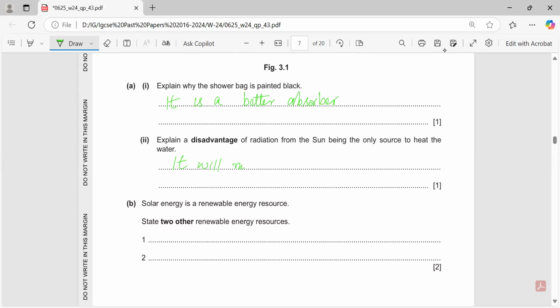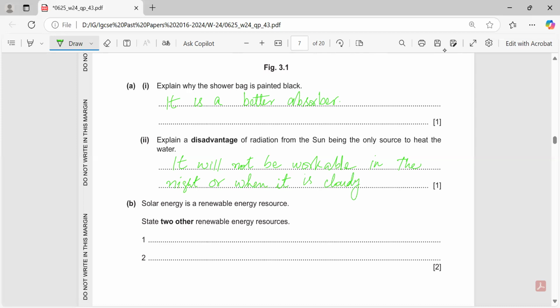It will not be workable in the night or when it is cloudy.